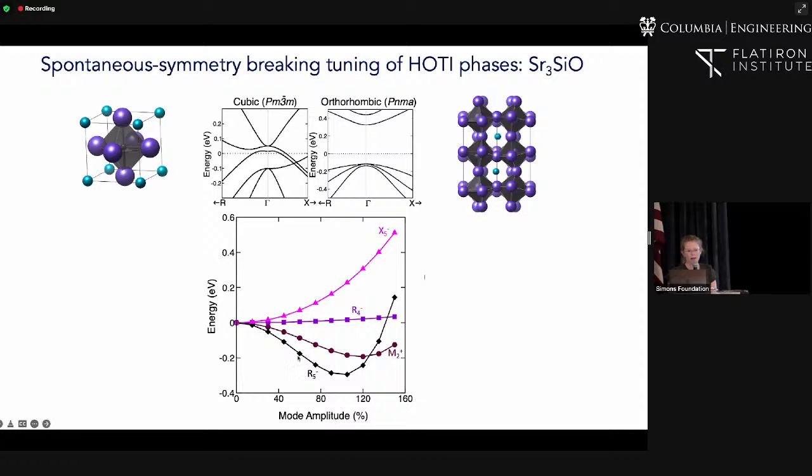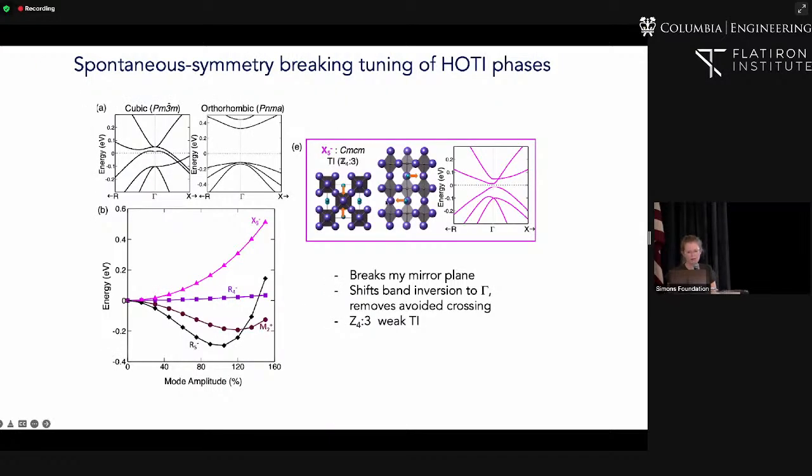So I'm just going to point out one example here, this X5 minus mode, where you get these silicon atoms moving towards the center here, and then they're anti-phase in this direction, the Z direction. So when you include just this X5 minus phonon into the structure, it breaks the mirror plane and changes this from being a higher order topological insulator into a weak topological insulator.